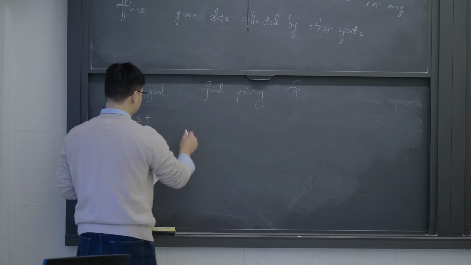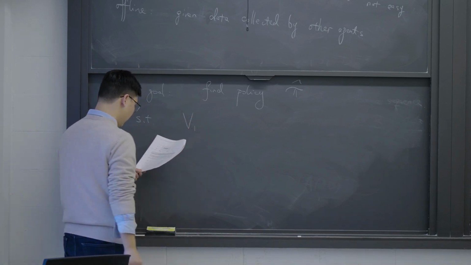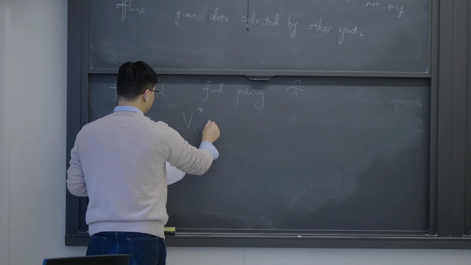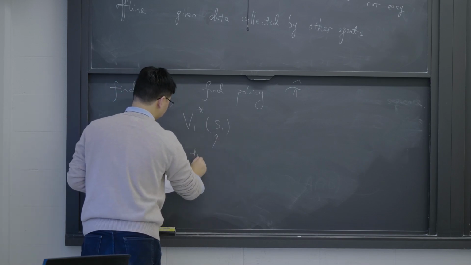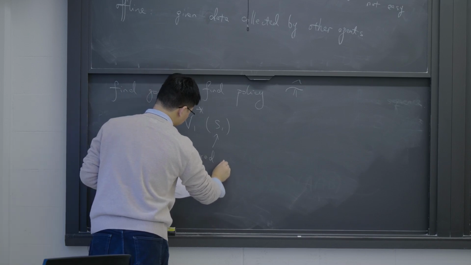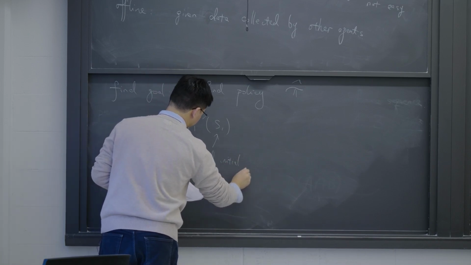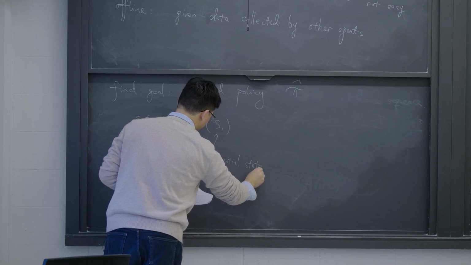Epsilon optimality is measured in terms of value. We look at the value of the initial state, again considering a fixed initial state.